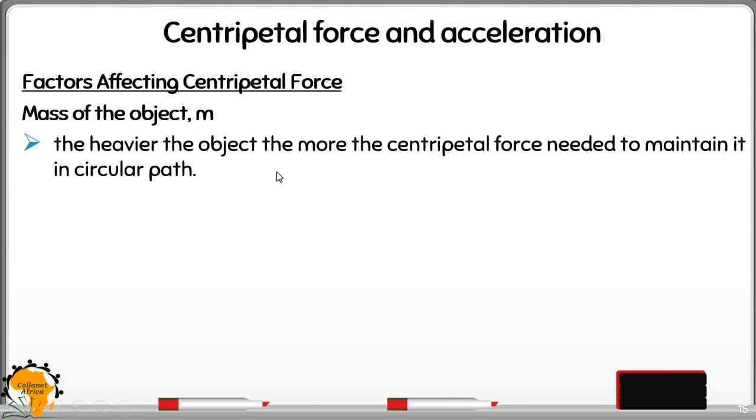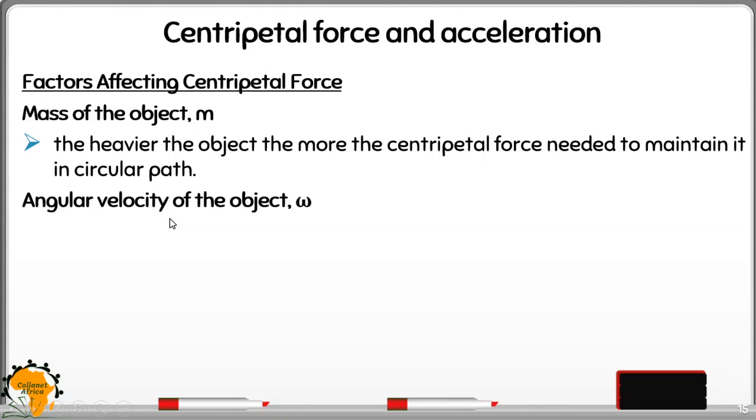You will realize that the heavier one will require more force to maintain the circular path, but the lighter one will require less force, which implies that the heavier the object, the more the centripetal force. Therefore, we can simply say that the mass of the object is directly proportional to the centripetal force. That is, if you increase the mass, the centripetal force needed should also increase.